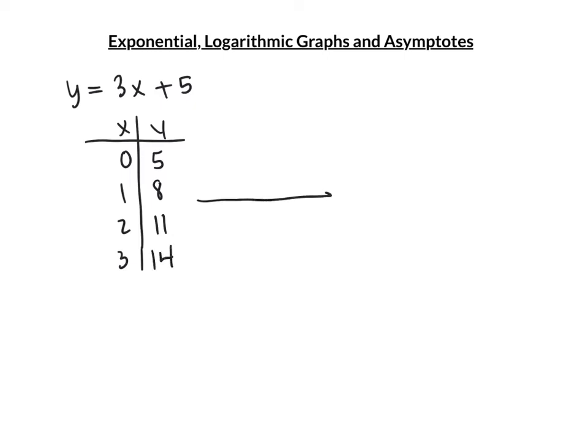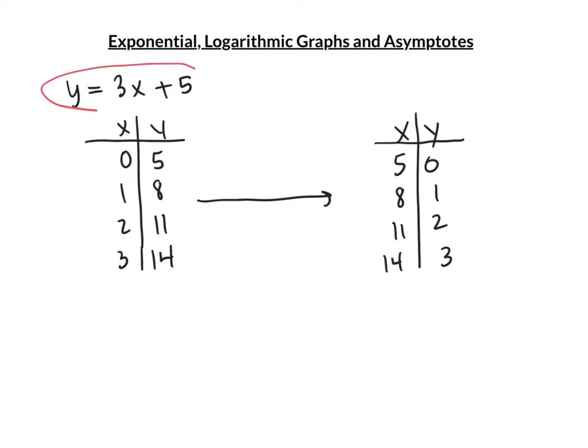The inverse equation will take this table and flip the output and input values, so the output becomes the input, and the input becomes the output. 5, 0, 8, 1, 11, 2, and 14, 3. Remember that to find the inverse function, what we do is flip the x and y variables.